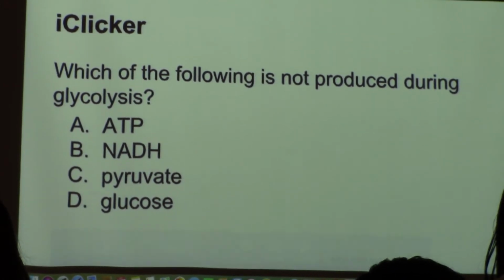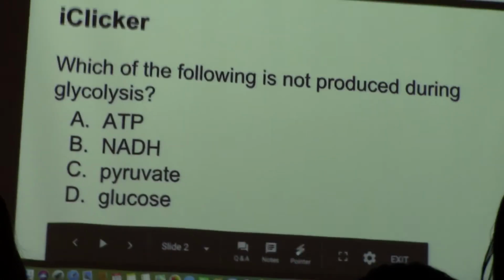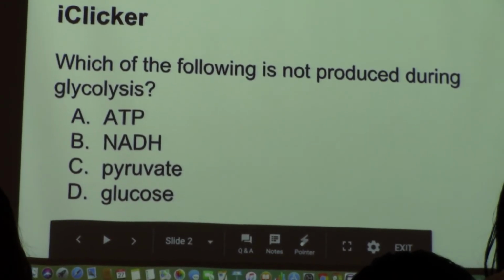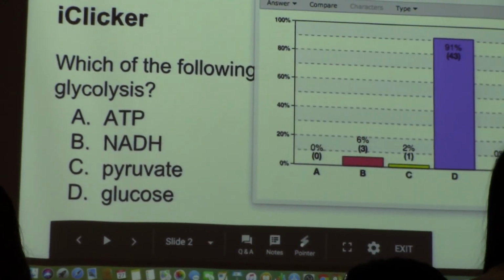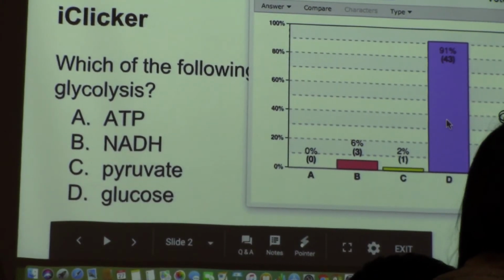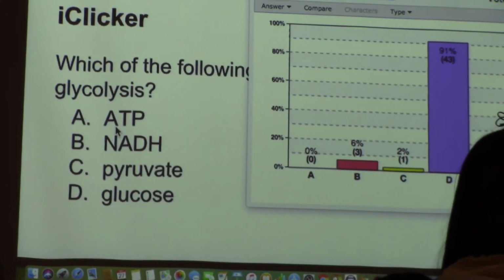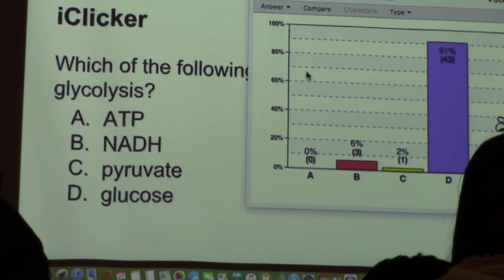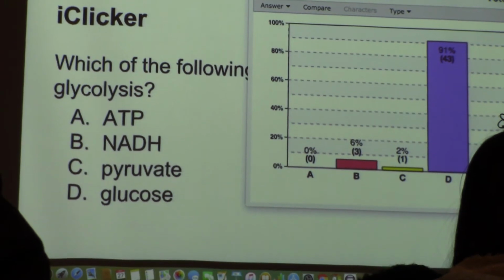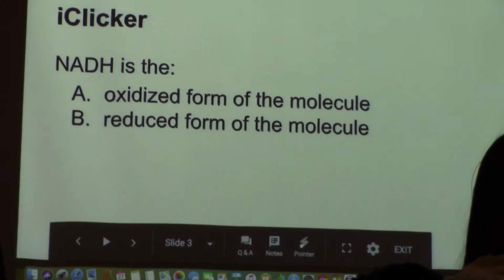All right, last chance to click in. Almost all of you correctly said glucose is not produced. ATP is produced, NADH is produced, and pyruvate is the end product. Glucose is used up, but it's not produced.